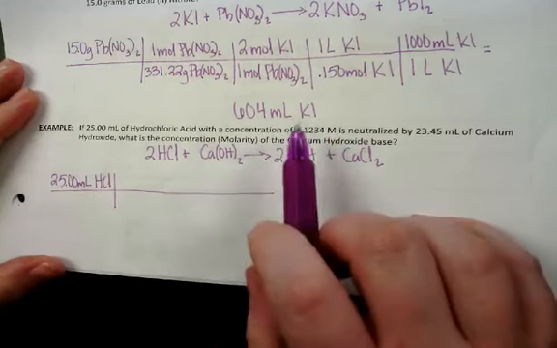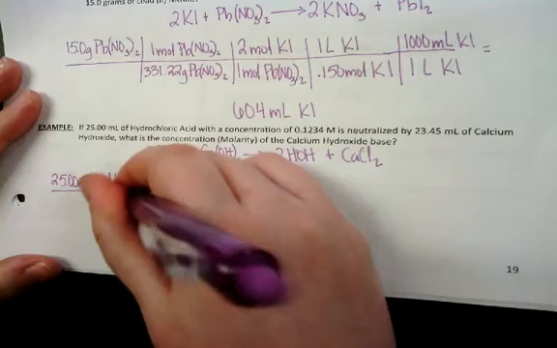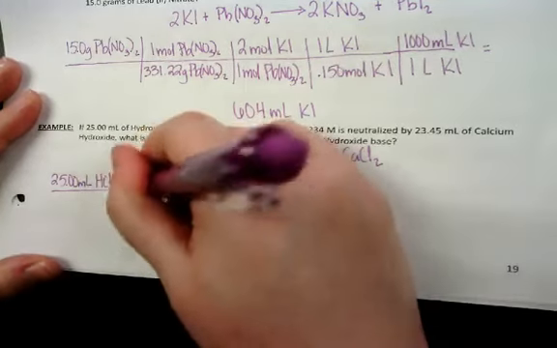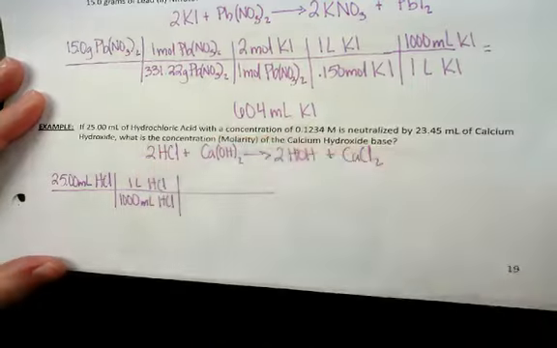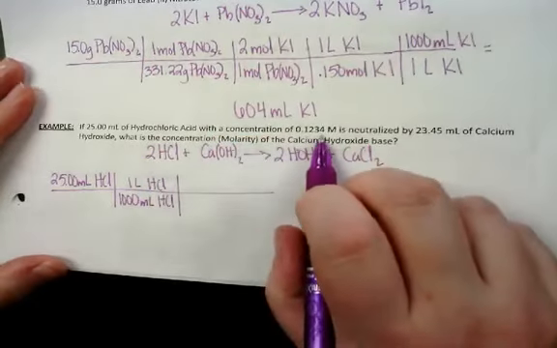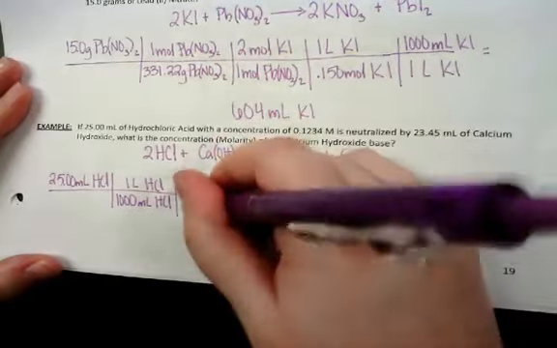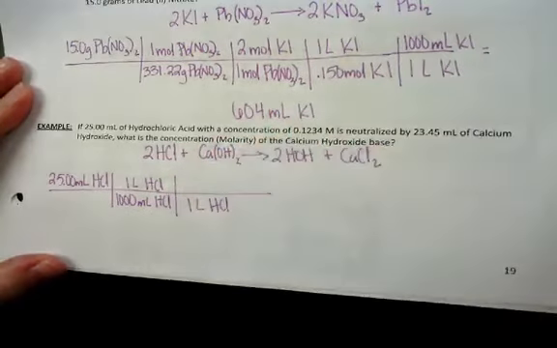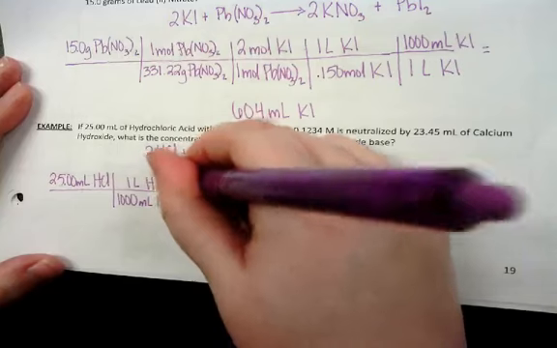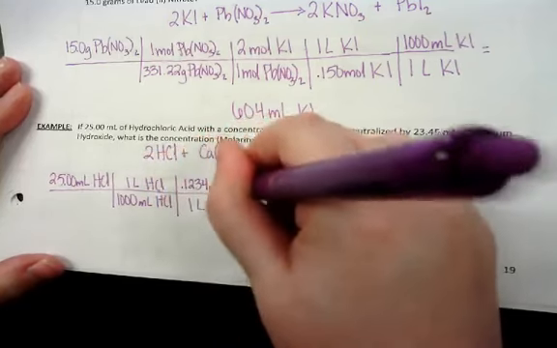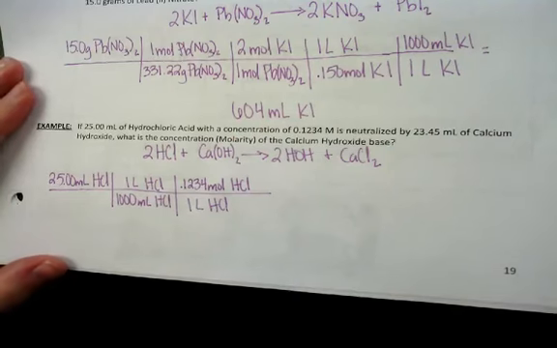So we can say 1,000 milliliters is the same as 1 liter. And then we can use that molarity. So we can say 1 liter of hydrochloric acid and 0.1234 mole hydrochloric acid. So now we're in moles of hydrochloric acid.